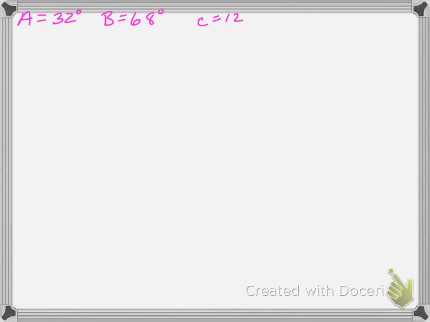Well, if I give you an A and a B and a C, I'm not giving you two of any variable. So that presents a problem. In this case, however, since I gave you two angles, you could find angle C really quickly by subtracting from 180, and now you have both C's. So this problem does not necessitate the law of cosines. In fact, I think you did problems like this last section.